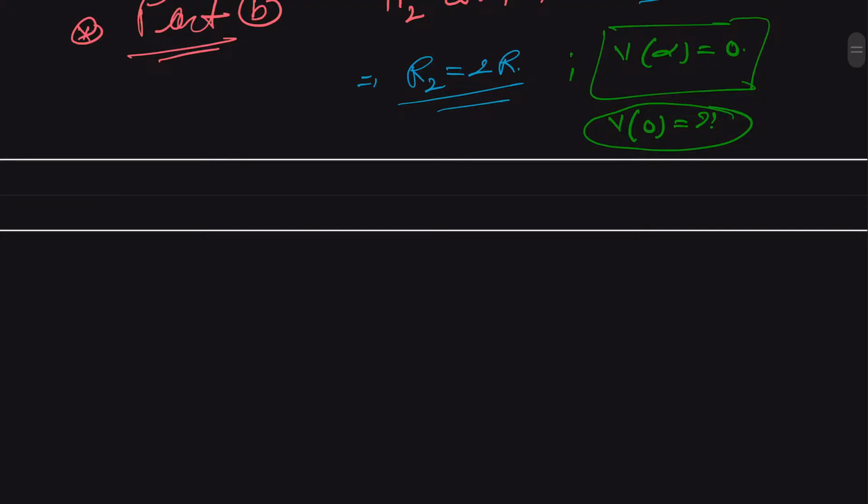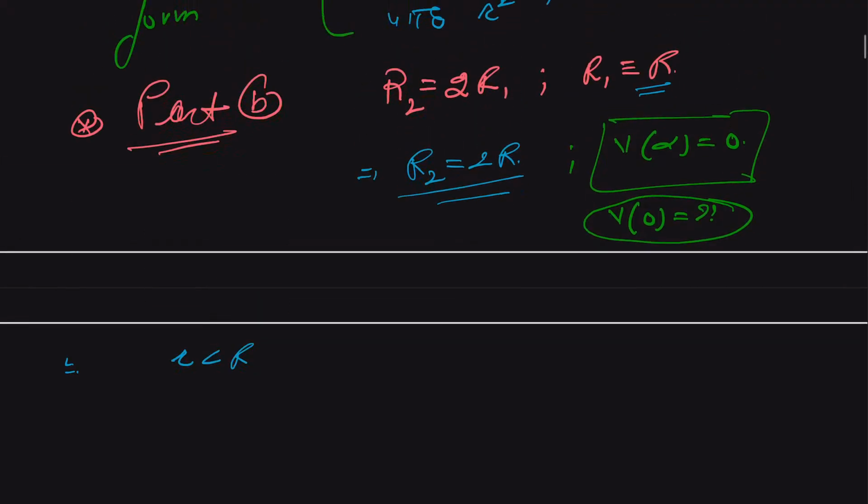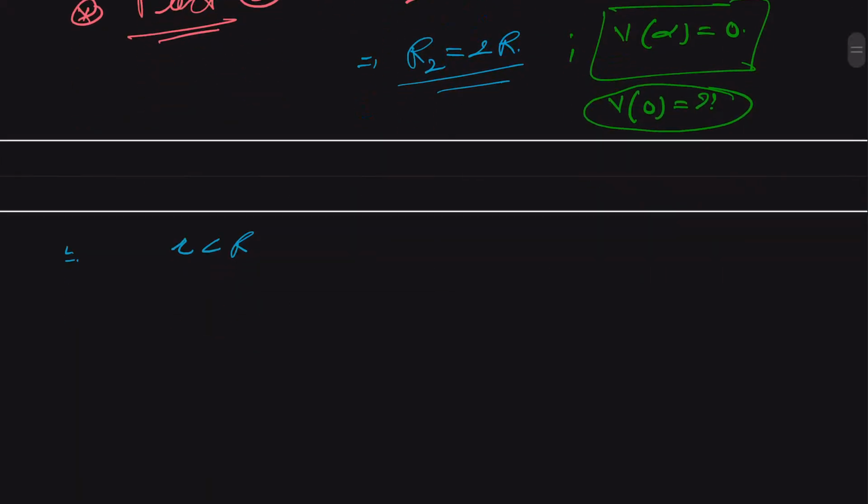So we can say that whenever r is less than R1, and here R1 is our R, as we have already mentioned, and it is greater than or equal to 0, the value of the electric field is equal to 0.